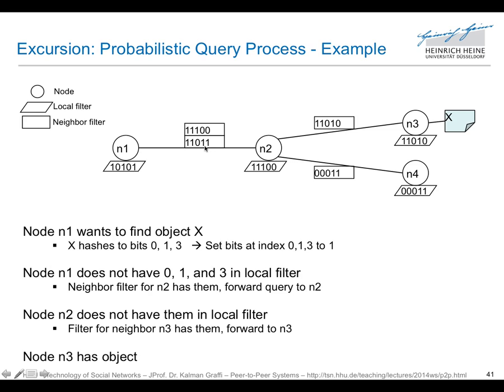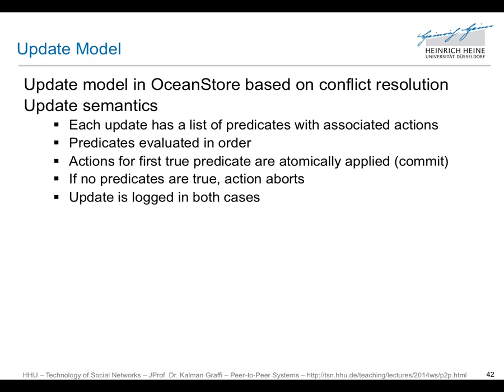And by this way N1 would learn the probability that the specific object he's looking for is in that specific region. So if you consider this with 20 neighbors and their neighbors, then you get quite good information on which of your neighbors are more promising to have the data or not. So this is the quick solution to look it up.